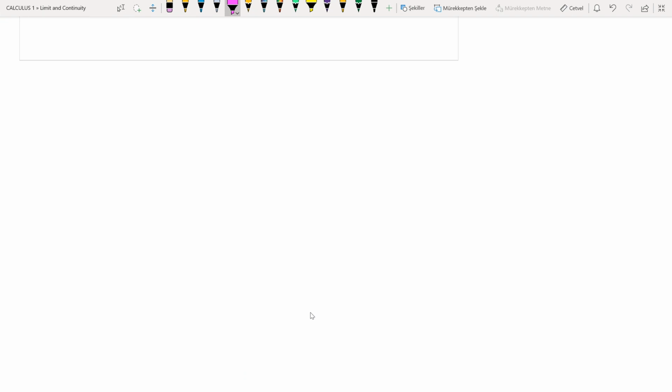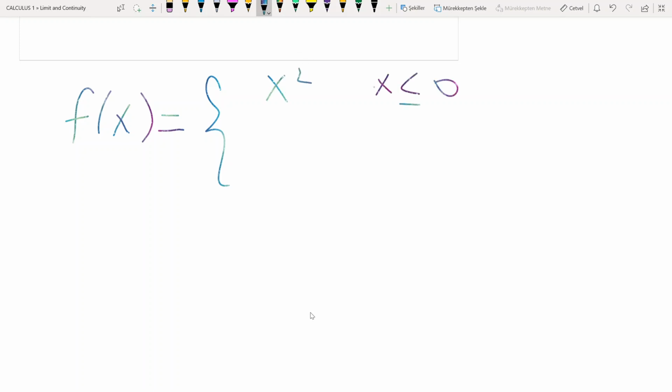Let me give an example to understand this. Let's have this piecewise function: x squared for negative and 0 values of x, and 2x for positive values of x.